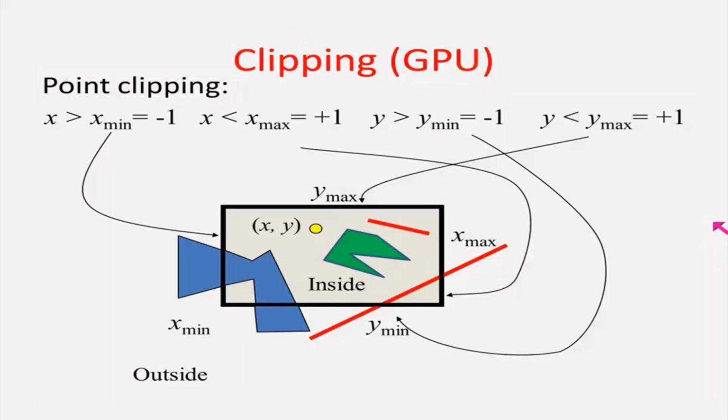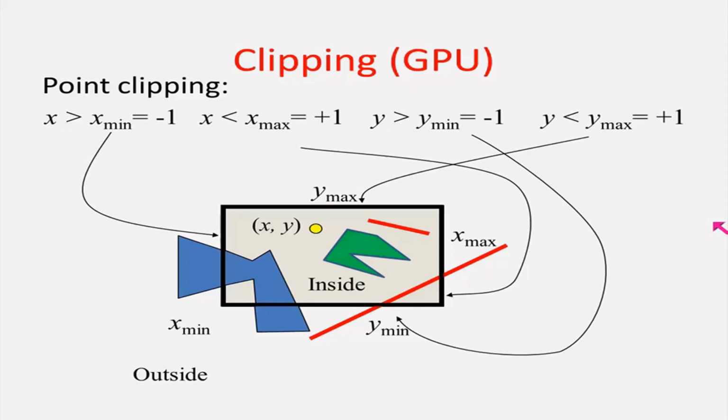Having transformed the objects to normalized device space, the next step is clipping that removes object parts outside of the camera window or the viewport. Clipping is executed usually in normalized device space where the camera window or the viewport is a square of corner points -1, -1 and +1, +1.